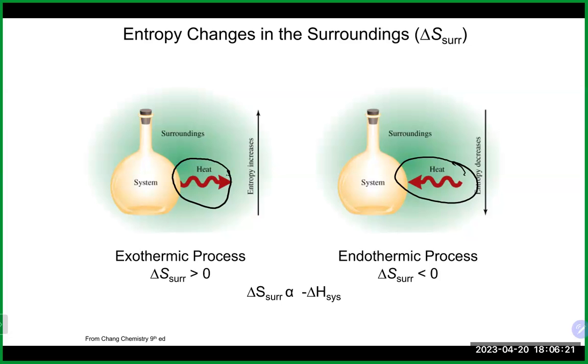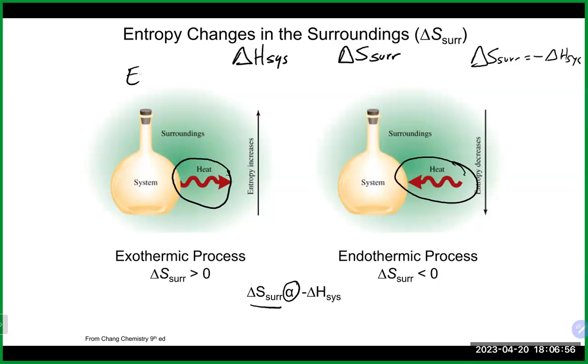So there is a relationship between the delta S of the surroundings and the delta H of the system. The delta S of the surroundings is proportional to negative the delta H of the system. So what does that really mean? It means this: delta S of the surroundings is equal to minus delta H of the system.